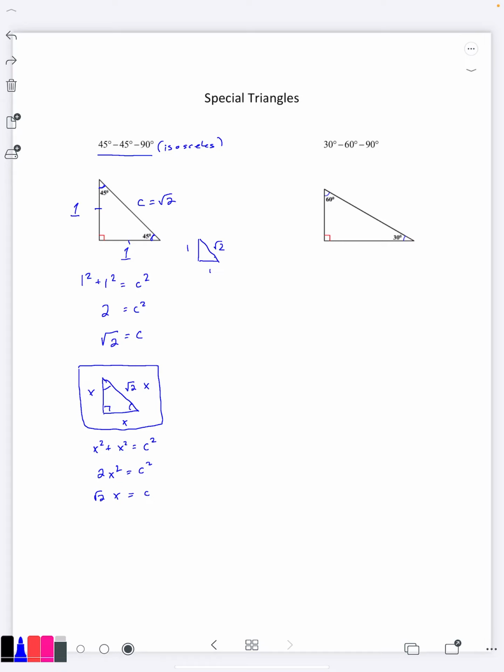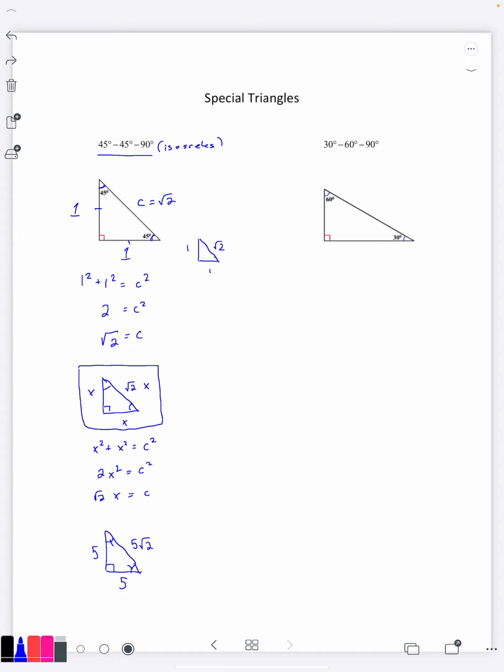For example, if I told you I had a 45-45-90 right triangle, and one of the legs was 5, that means the other leg is 5, and the hypotenuse is 5 times root 2. And that'll work for any 45-45-90 right triangle.